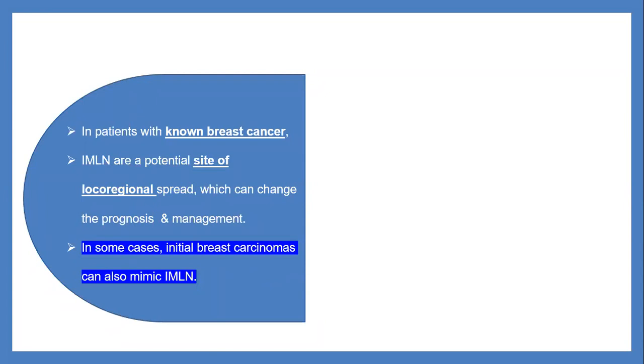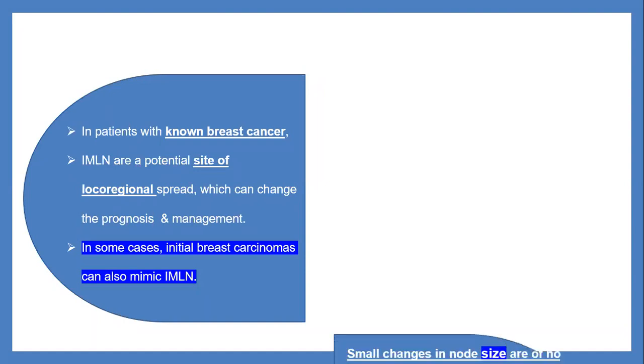Also, sometimes small lesions, 1 centimeter or less, in the upper outer typical location of an intramammary lymph node, simulating a lymph node, might turn out to be a small breast carcinoma. So we have to be cautious when evaluating an intramammary lymph node.